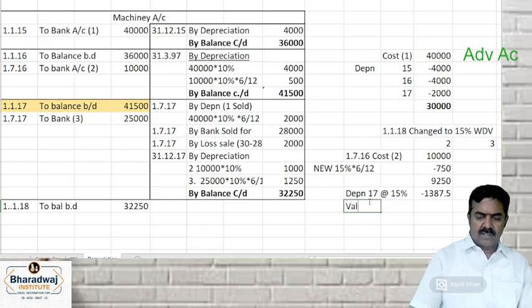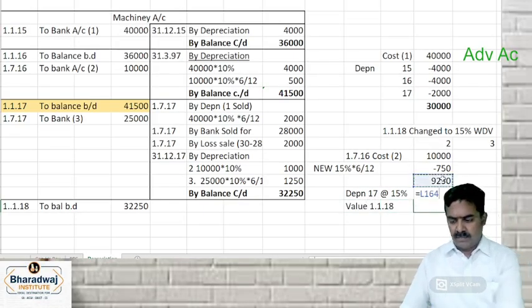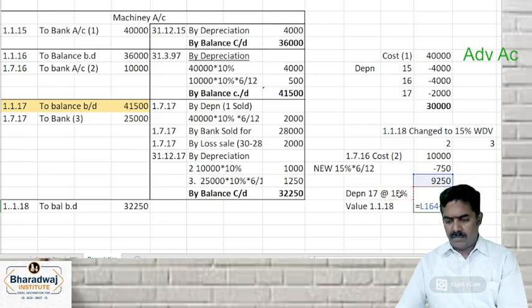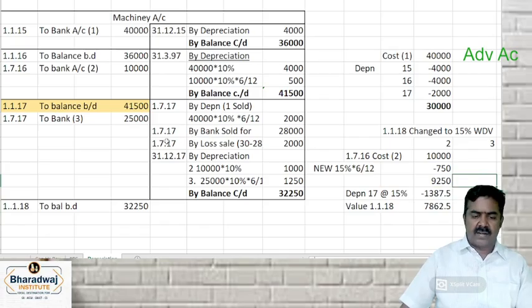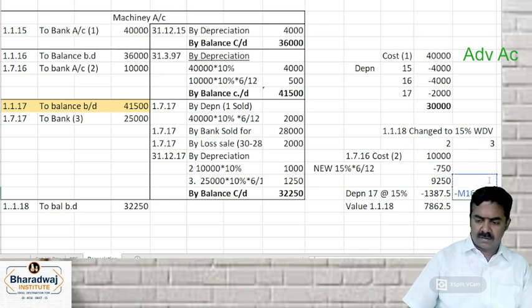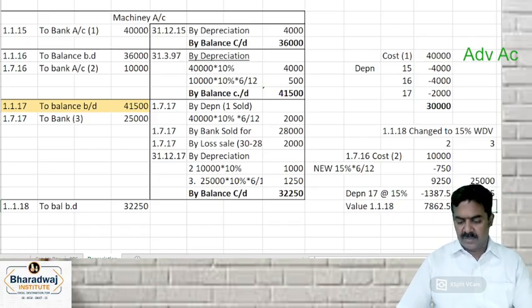So this will give you the value on 1/1/2018. Third machinery was purchased on what date? We purchased it just last year. How much did you purchase it for? 25,000. When charging depreciation, what will you do? 15% for 6 months. 15% for 6 months.